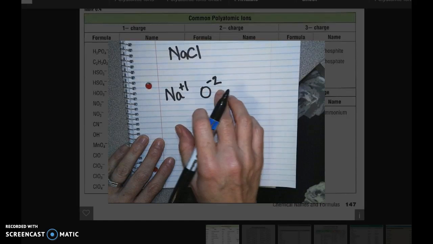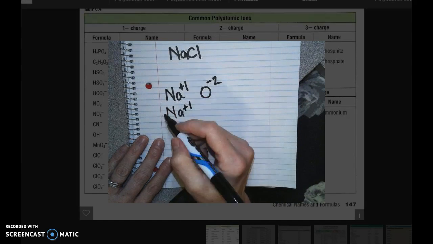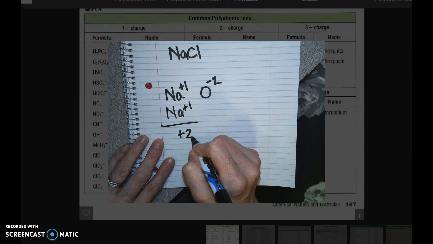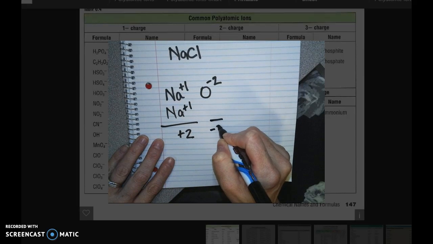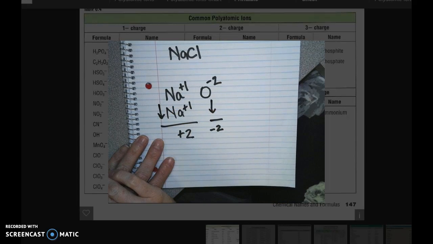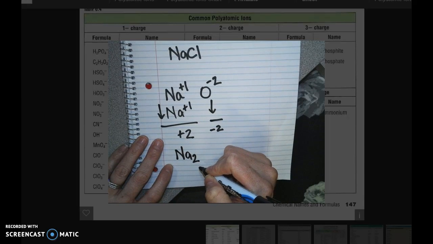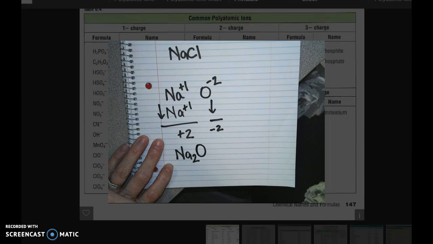In order to make these match, we have to add another sodium, because now we have a total of +2 and a total of -2. Okay, if we're adding down the columns. Now they match. So the way we write this compound out is Na2, because there's 2 of them, O. Notice we never put the 1 subscript. Okay? It's assumed that if there's no subscript, it means 1. Na2O.